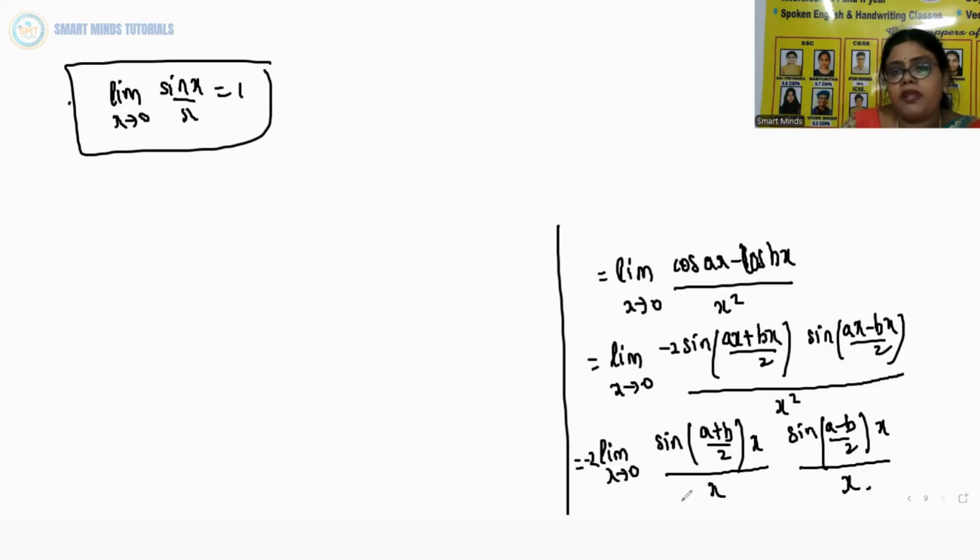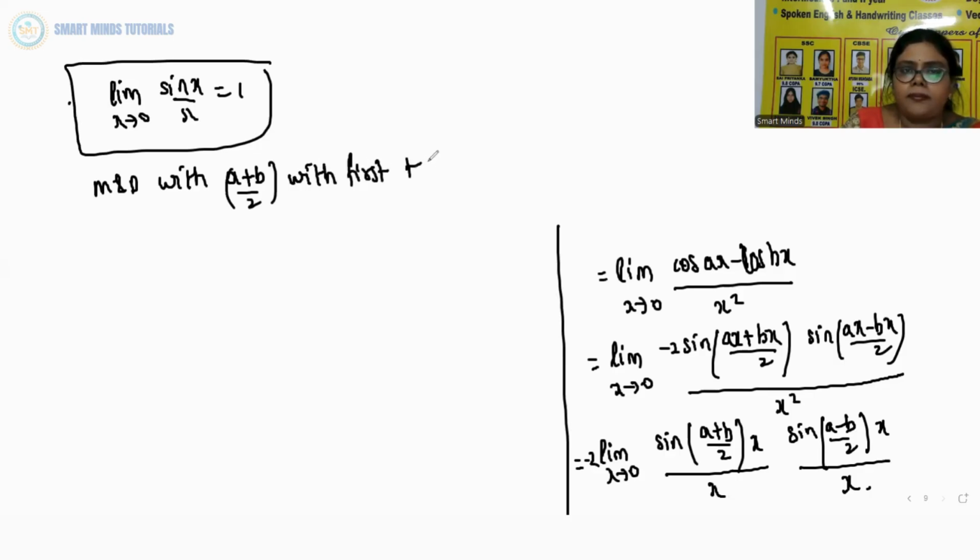So we will multiply and divide by (a plus b) by 2. So multiplying and dividing with (a plus b) by 2 with the first term and (a minus b) by 2 with the second term.